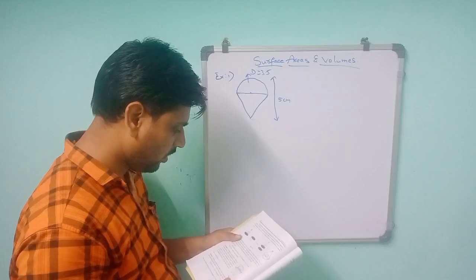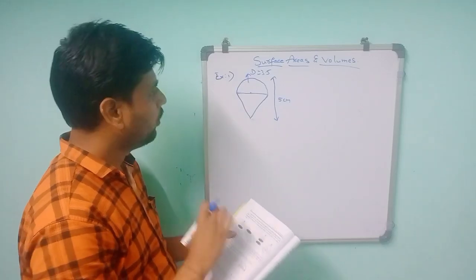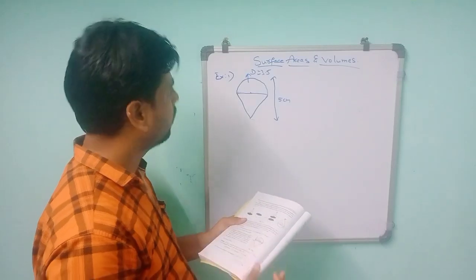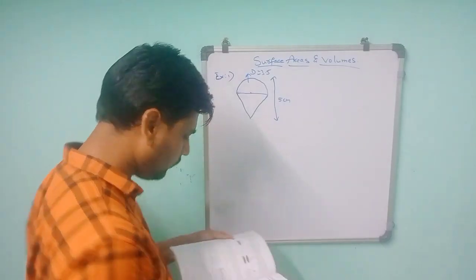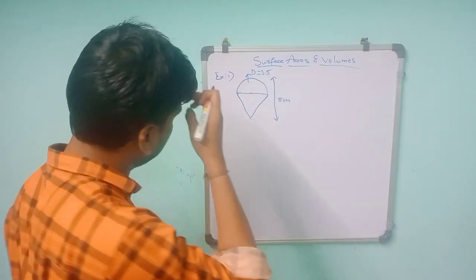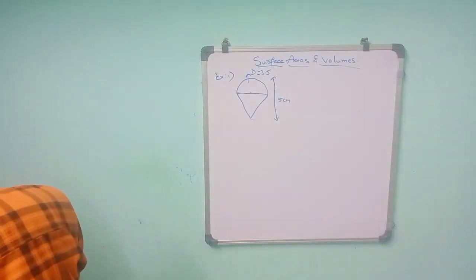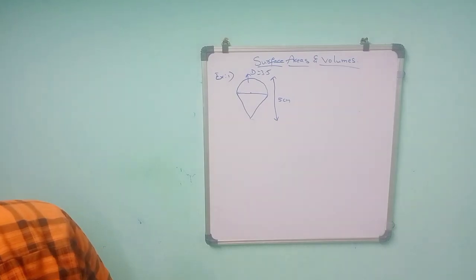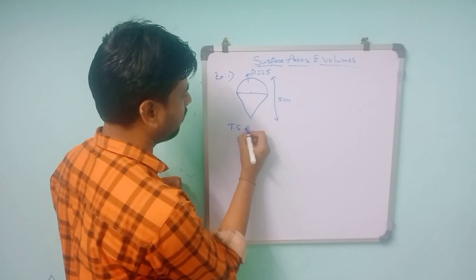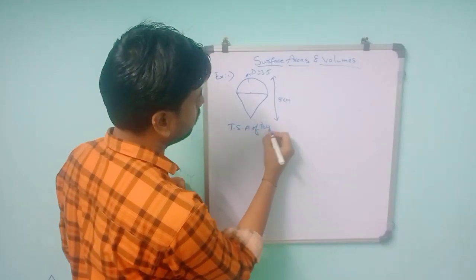Then you have to find the area to color. So to color means you have to find the total surface area of that toy.